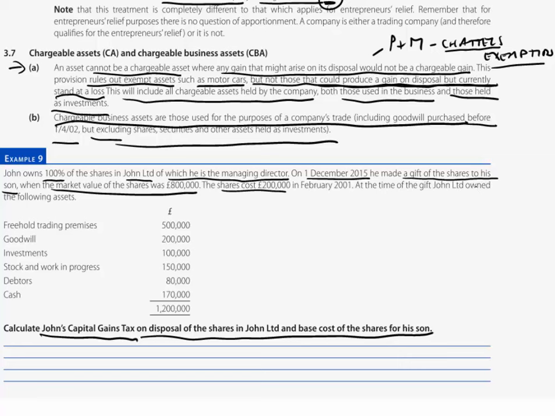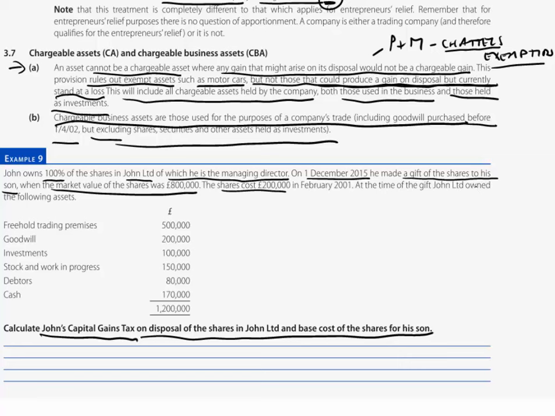Show the market value of the shares, £800,000, and show there the share cost, £200,000. So you'll have a gain, therefore, very obviously of £600,000. The question then is how much of that gain is eligible for gift relief.